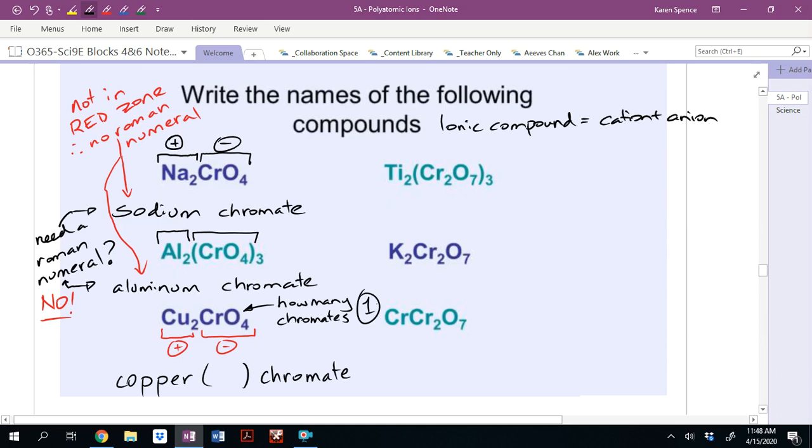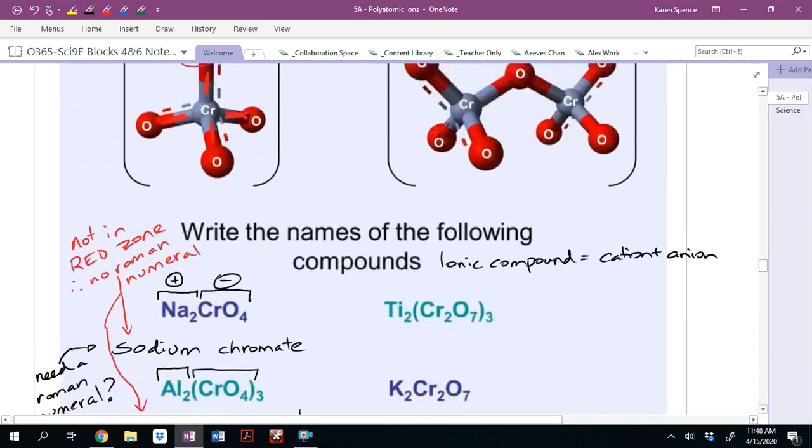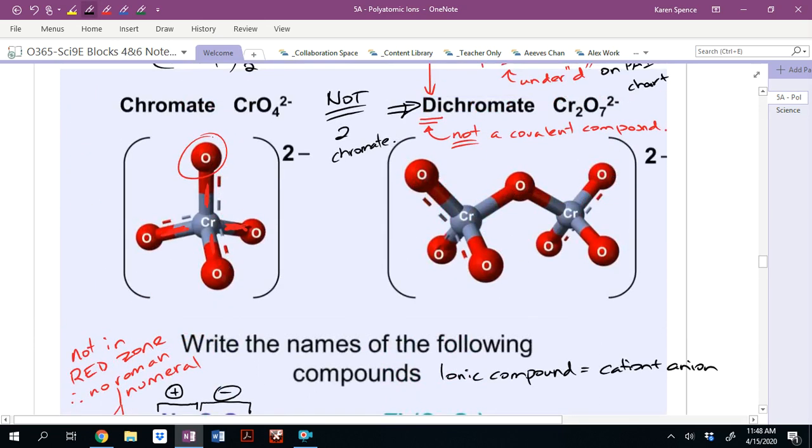This 4 here doesn't mean that there's 4 chromates. What it means is that in a single chromate, you have 1, 2, 3, 4 oxygens. If I actually had wanted to have 4 chromates, I would have to say CrO4 and put it in brackets and say I have 4 of that entire thing.